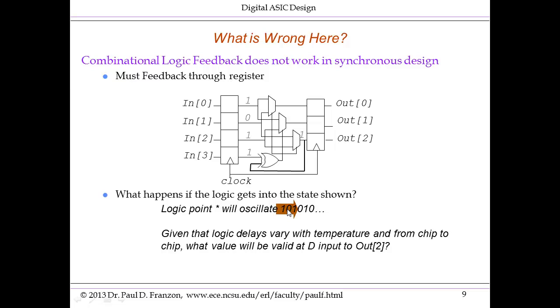And the period of that oscillation will not be the clock period because it's not going through a register. It'll be whatever the natural delay is of the logic gates in this loop. Thus, you cannot predict what value will actually be presented here at the end of the clock period. It'll actually vary with temperature and vary from chip to chip due to process variations. So this leads to unpredictable logic behavior, and that is why you can't do this.